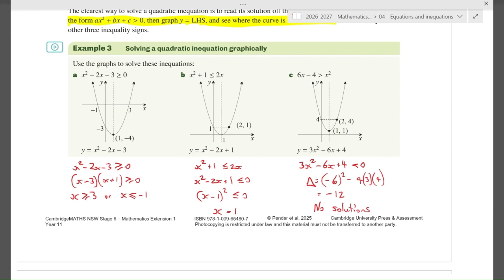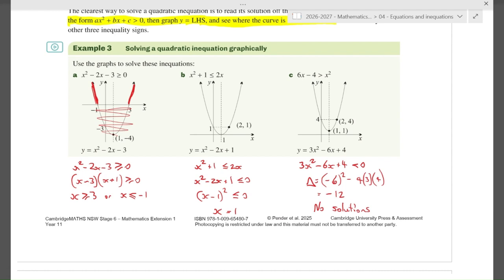Now, if you have a look at the solutions that we've just solved algebraically, if you look at it graphically, if you've graphed it, you've already got the solutions. The only thing you're not sure of is where it is. Well, it's greater than 3 and less than minus 1, which means that is the solution and that is the solution. Does that make sense? This is not part of the solution because it is neither less than minus 1 nor greater than 3.